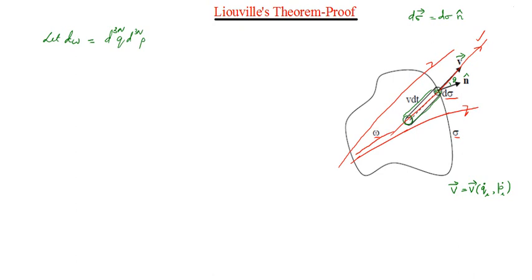This is the volume element, and the total volume of the relevant region of the phase space is omega, which is an arbitrary volume. And let rho be the phase space density as usual, the phase space density of the region. So rho is a function of q, p as well as t.